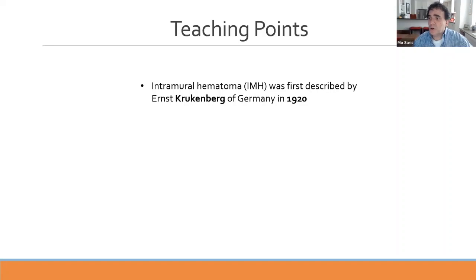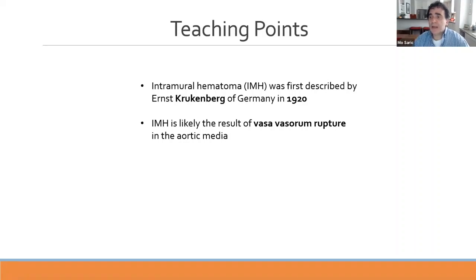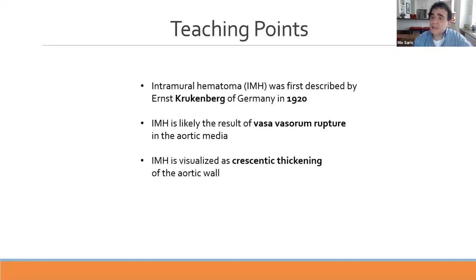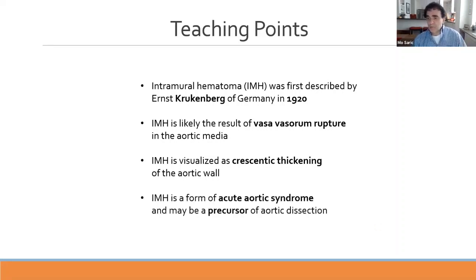That intramural hematoma was first described by Krukenberg of Germany in the 1920s, and intramural hematoma likely results from vasa vasorum rupture in the aortic media, and intramural hematoma is best visualized by crescentic thickening of the aortic wall on CT or the transthoracic or transesophageal echocardiography. And intramural hematoma is a form of acute aortic syndrome and may be a precursor of classic aortic dissection.